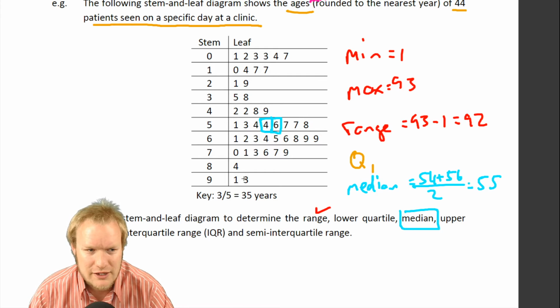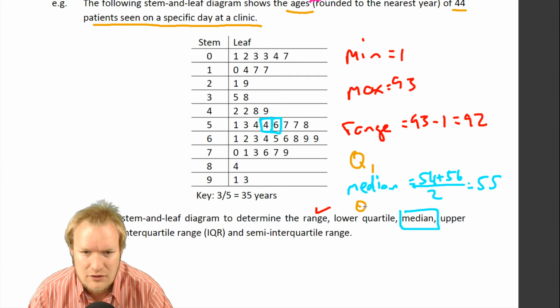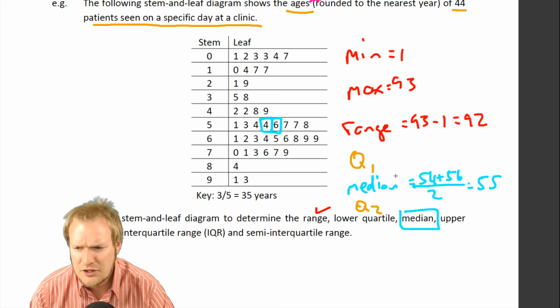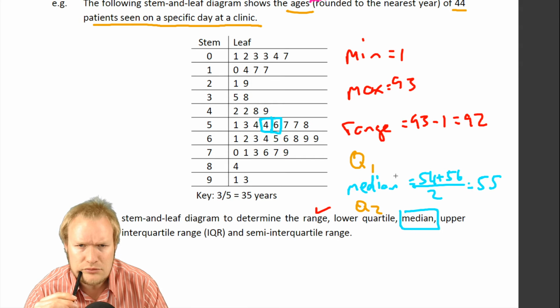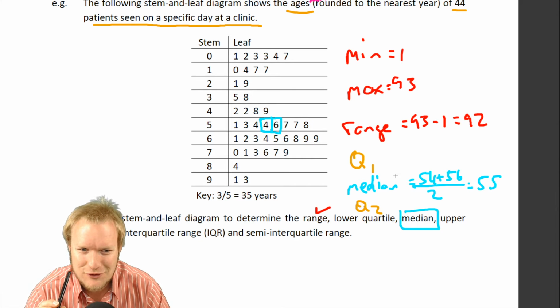Now, for Q1 and Q3, how do you think you're going to see where they are? I'm hoping that there are lots of different answers for this, because there are a few different ways of doing this.